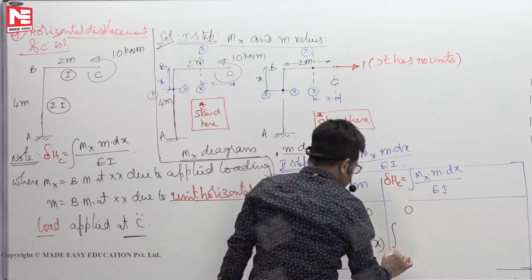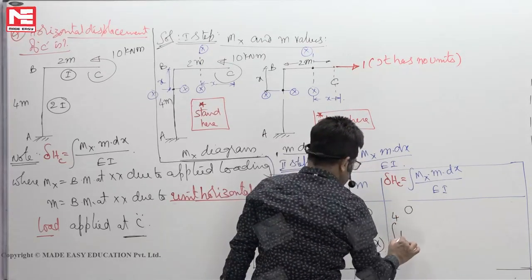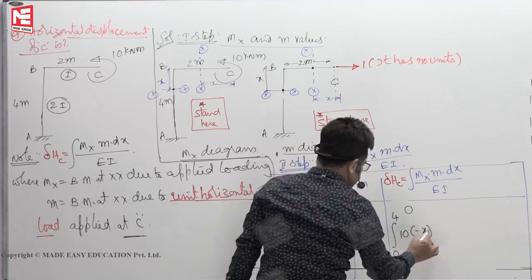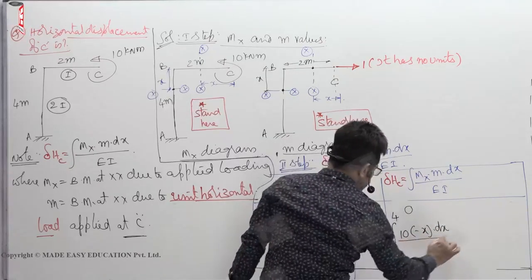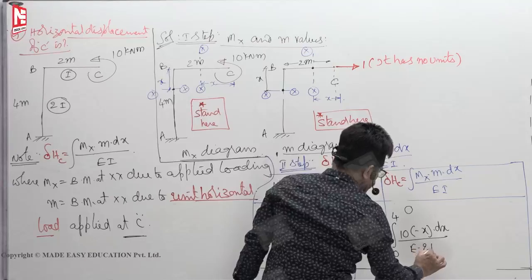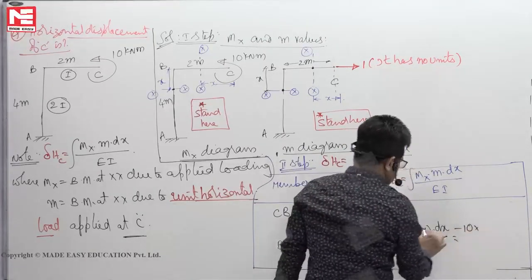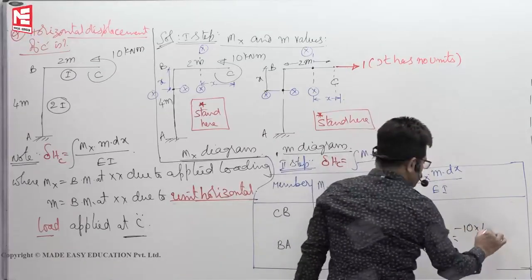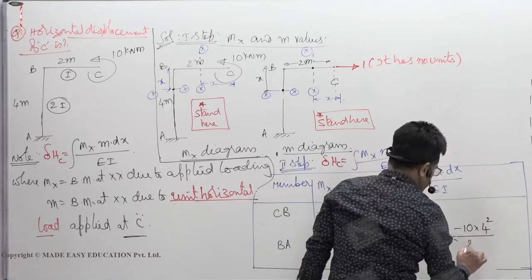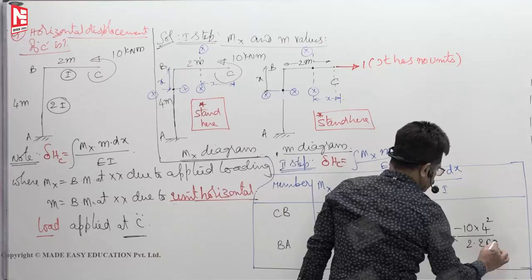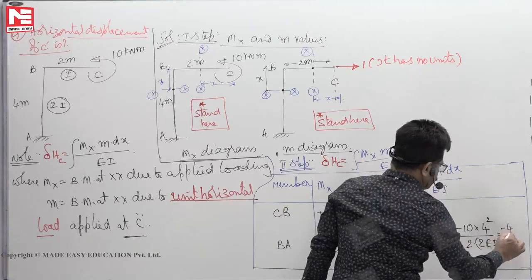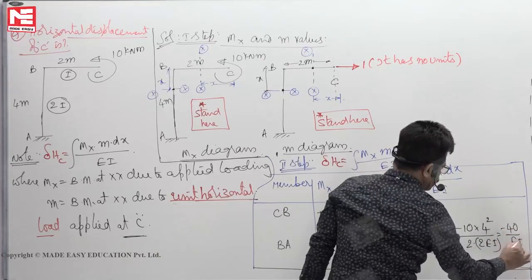Now limits of integration are 0 to 4, mx m into dx by e into I, which means 2I. So minus 10, x means x square by 2, that means 4 square by 2 into 2EI. So you will get minus 40 by EI.